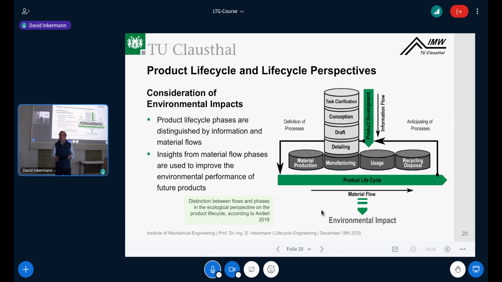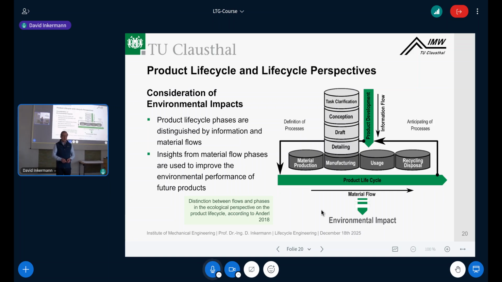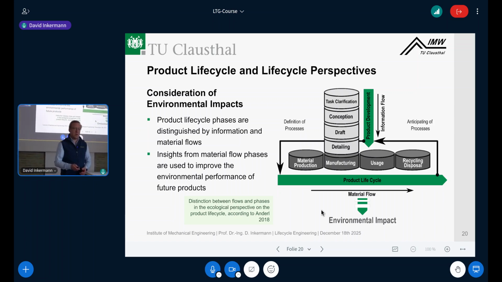But in the end, this also shifts the energy consumption more to the manufacturing and material production, because lightweight materials in general are more energy intensive in production. And it's also a question of recycling. So that's a typical example where we shift the problems or the impact from one phase to another phase. Overall, there are different results for how it turns out with regard to the environmental impact, but we have for sure to handle this interaction between material and information flow.